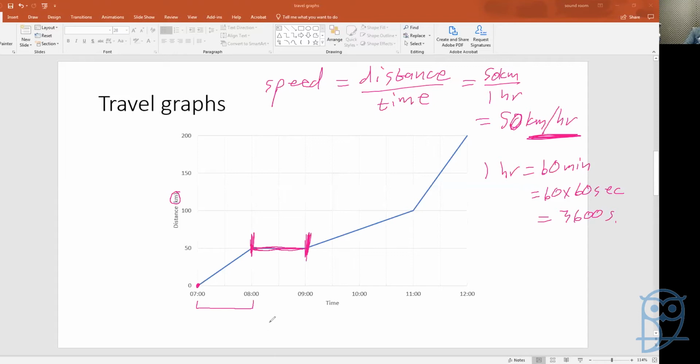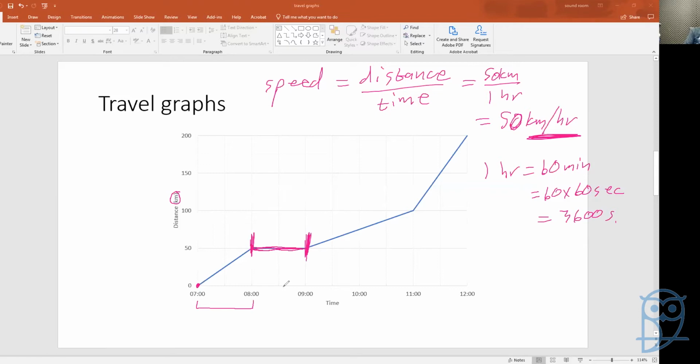So what time do they stop for breakfast? Between 8 a.m. and 9 a.m. All right. How long did they stop for breakfast? Well, how long is it flat? Between 8 and 9 a.m., it's 1 hour.